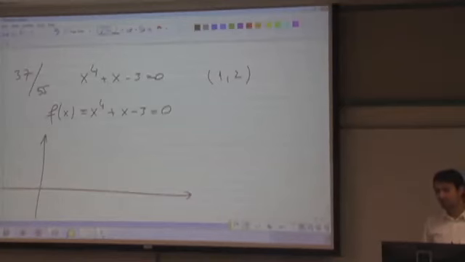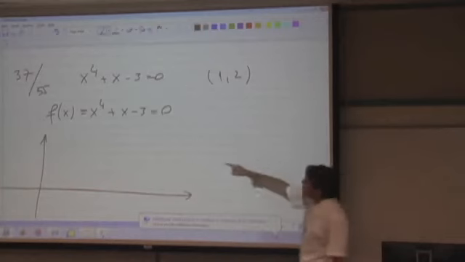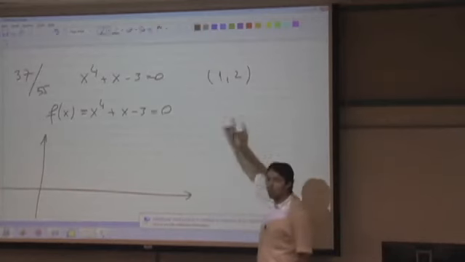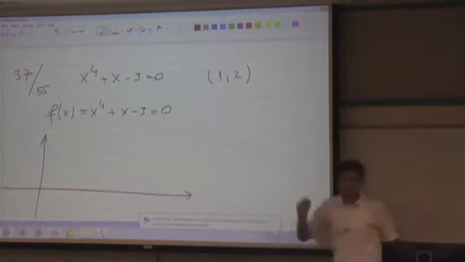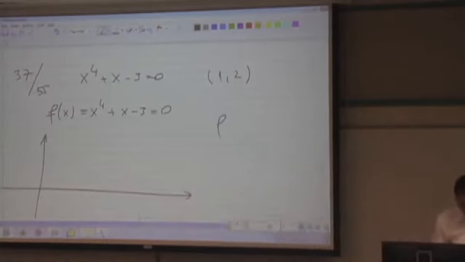Is everybody understanding this? So what does that mean for our intermediate value theorem? Well, if I put in 1 for x, and then I put in 2 for x, if the values of the function have opposite signs, what does that mean? f of 1, and the numbers are relatively easy, right? f of 1 is just 2 minus 3, which is minus 1. f of 2 is going to be 16 minus 1, which is 15.